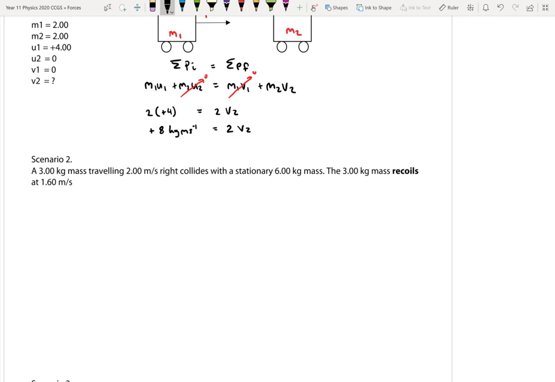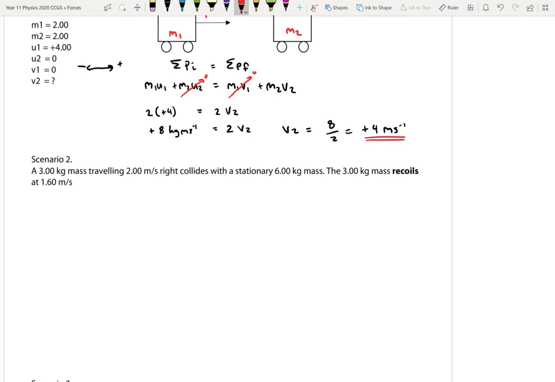Now, I've already provided a plus, so we do have a sign convention here that to the right is positive, to the left is negative. What this is saying is that the final momentum must also be 8 kilogram meters per second. If it's belonging to an object that has a mass of 2 kilograms, then there's only a velocity that would agree that a 2 kilogram mass has 8 kilogram meters per second. So finally, V2 equals 8 divided by 2 equals plus 4. That's going to be the easiest question that you would ever solve for.